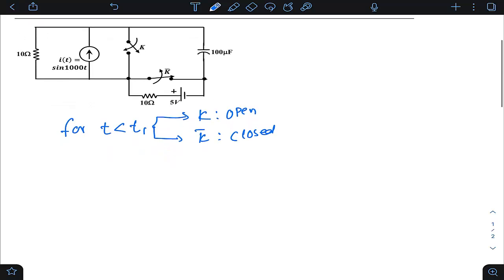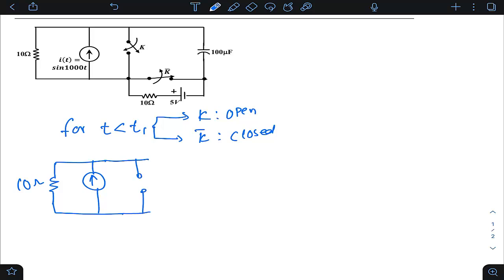So if I draw the circuit by taking this into consideration, how does it look? If you check, students, it will be like this. This is your 10 ohm resistor, and then this is your current source. K is open here like this, and your K bar is closed, which means this is like a short circuit.